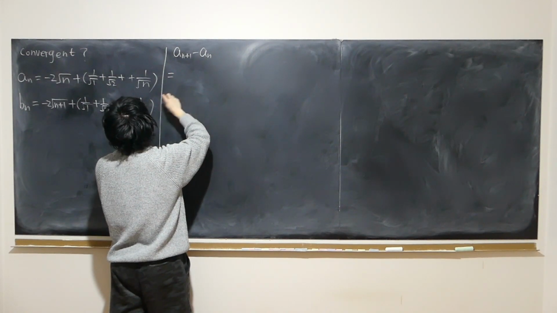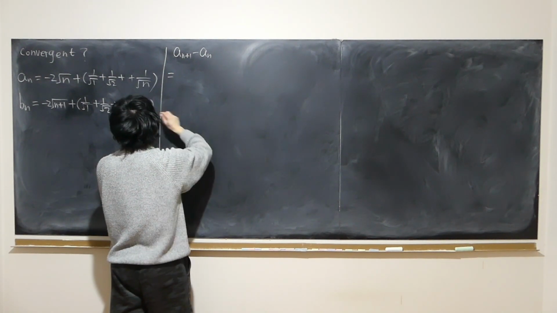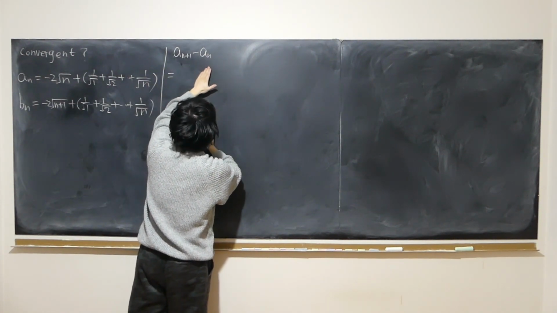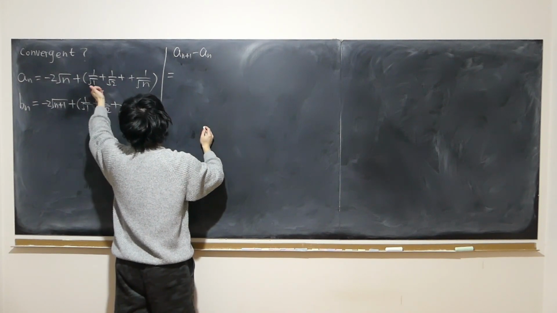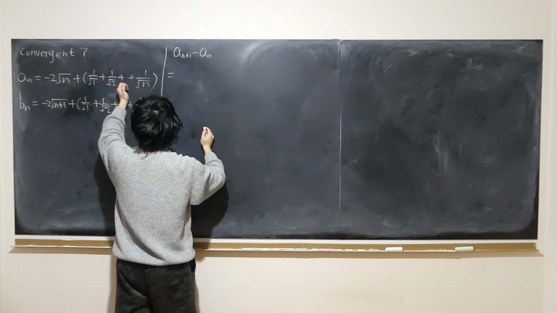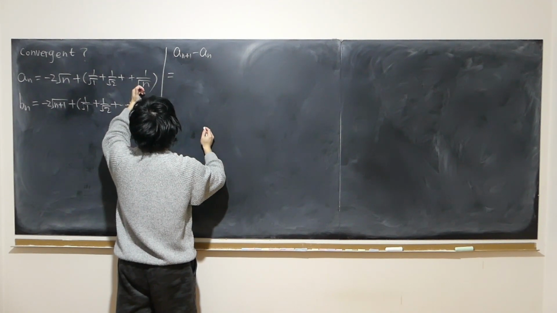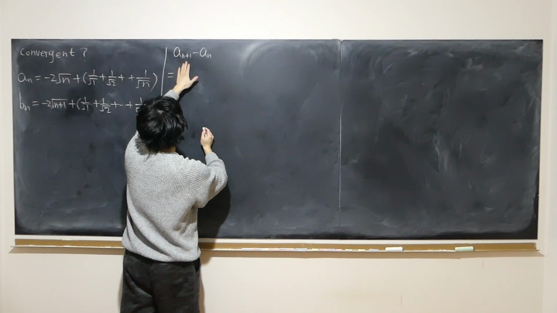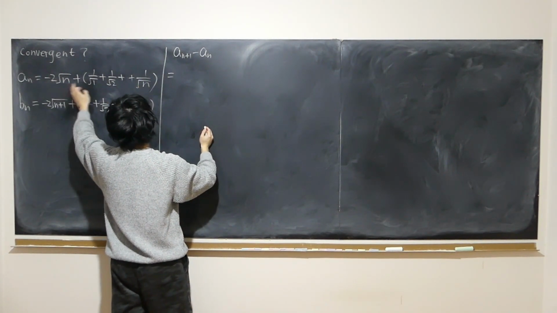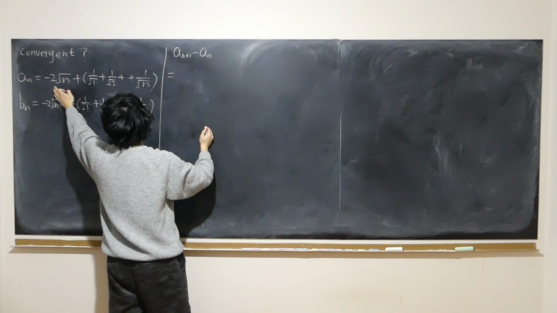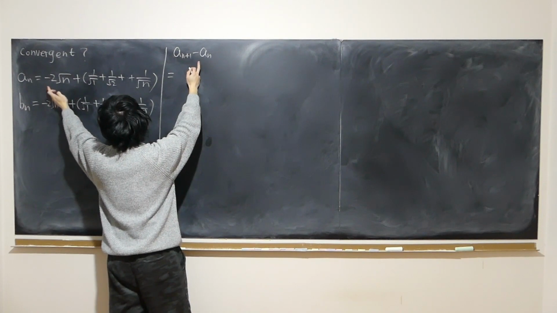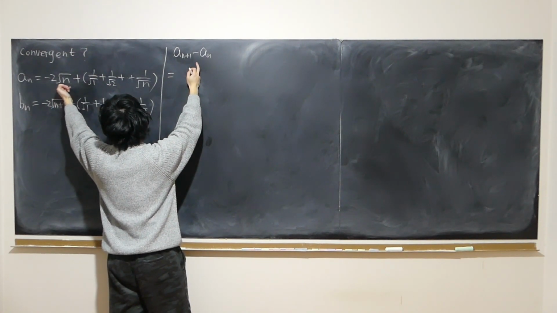So that is equal to, first of all, let's notice that the only difference between a_n plus 1 and a_n is that they both have 1 over square root of 1 plus 1 over square root of 2 plus all the way up to 1 over square root of n. And this one has just one more term, 1 over square root of n plus 1. And the difference is that here I have minus twice the square root of n plus 1, and for that one, I have minus 2 times the square root of just n.